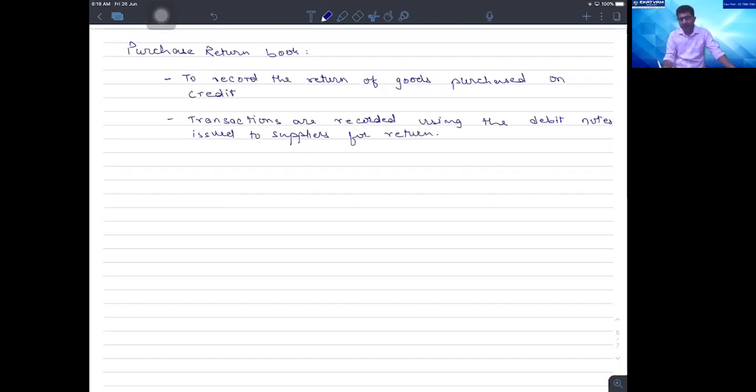Correct? So basically, you are going to use the debit note that you have issued. We have already understood what is a debit note and what is a credit note.